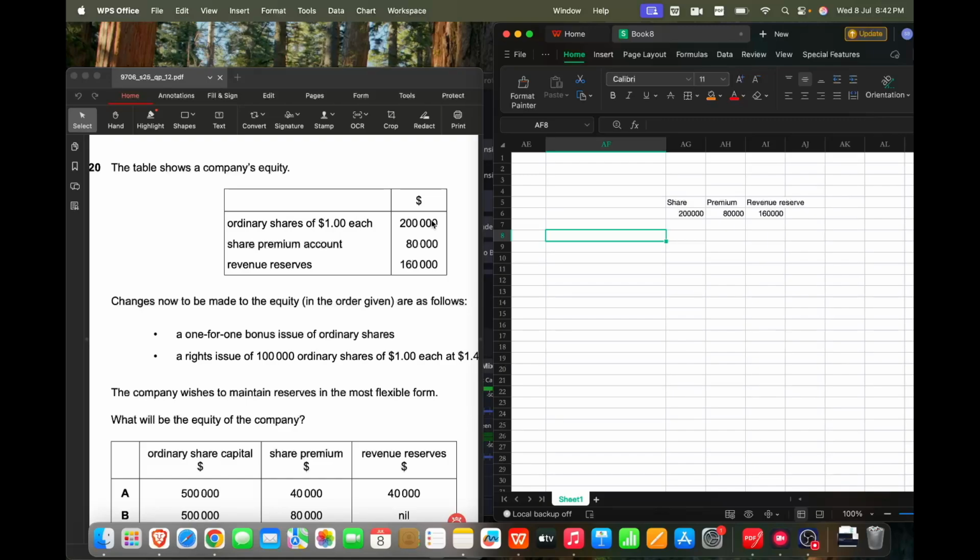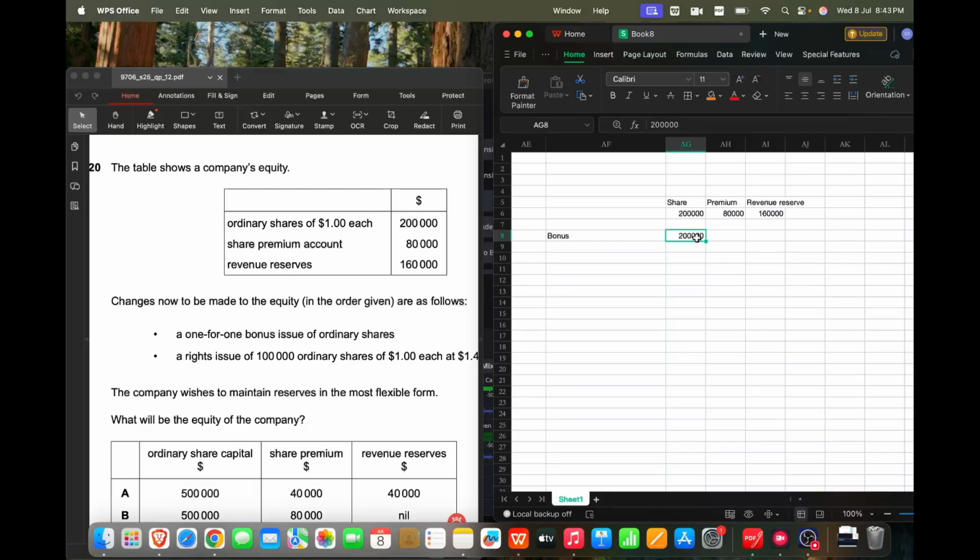And when we issue bonus shares, we'll always issue them at the face value, which is $1. So 200,000 bonus shares we give them, at a price of $1 each. So that means total amount we require is 200,000.